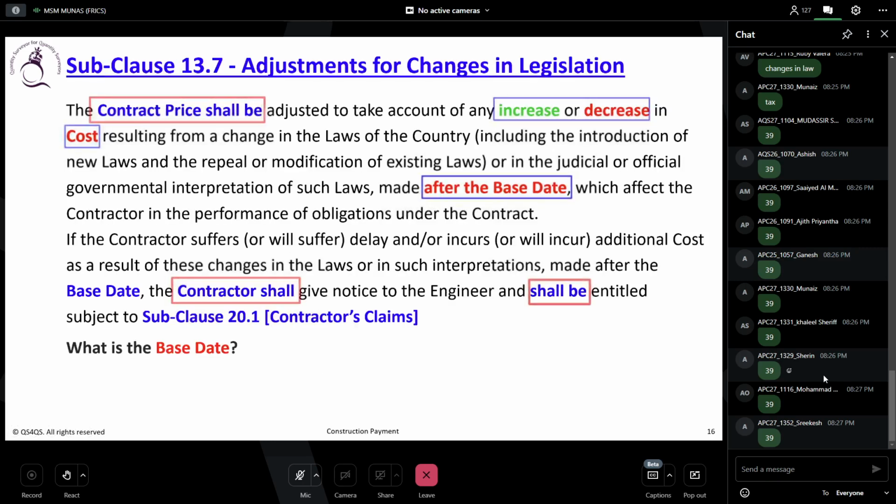So now let's talk about the subclause 13.7. It is coming under the variation, isn't it? If you go and see the main heading of 13, what's the main heading of 13? Variation and adjustment. So it's supposed to be under the variation, but it says you can go for a contract claim. Let us understand what is the problem in this subclause.